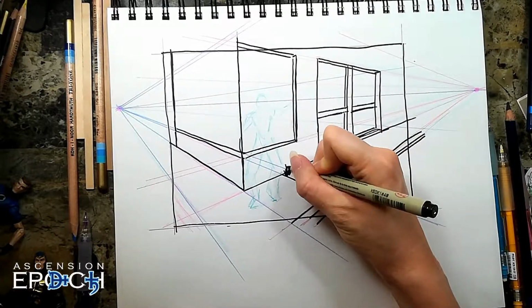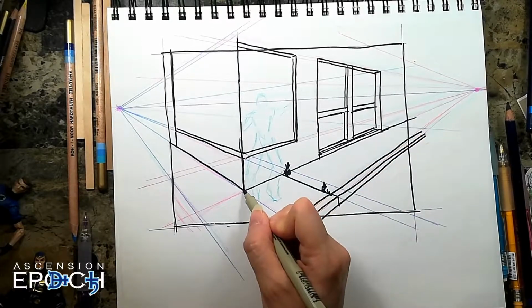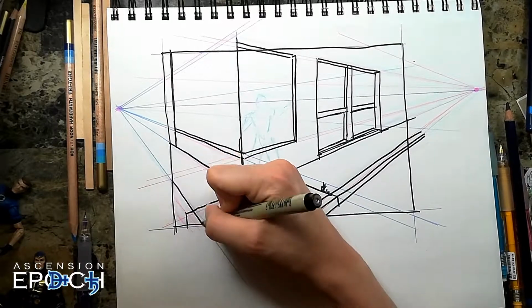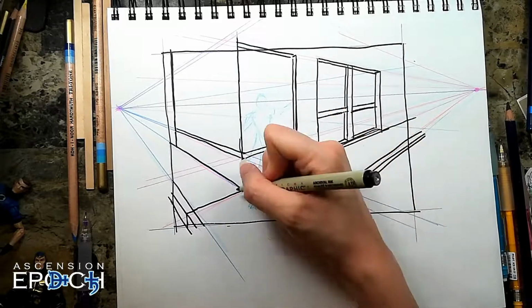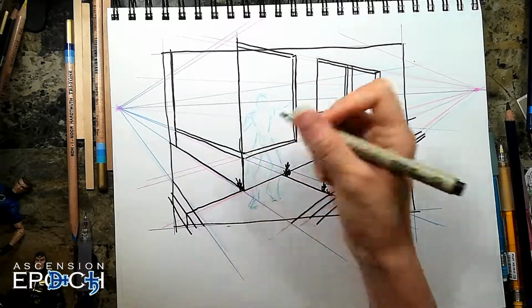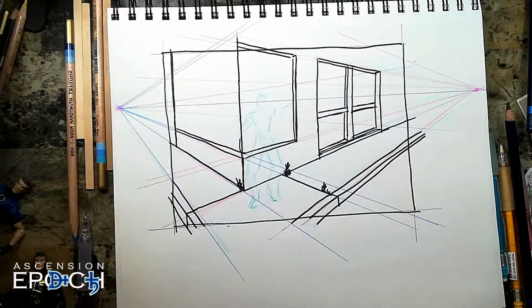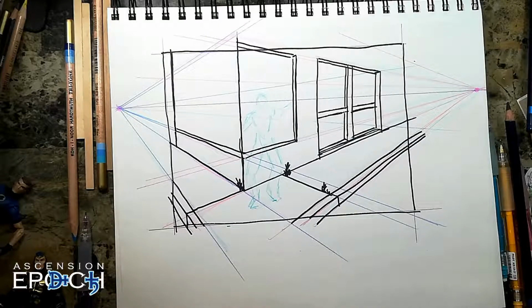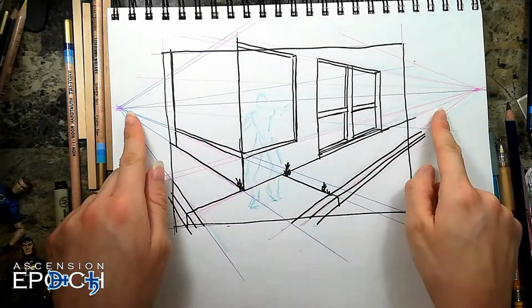Put a weed there. Make a crack in the sidewalk there. Another weed. And yeah, it's a nice, convenient way when you use that eye level.